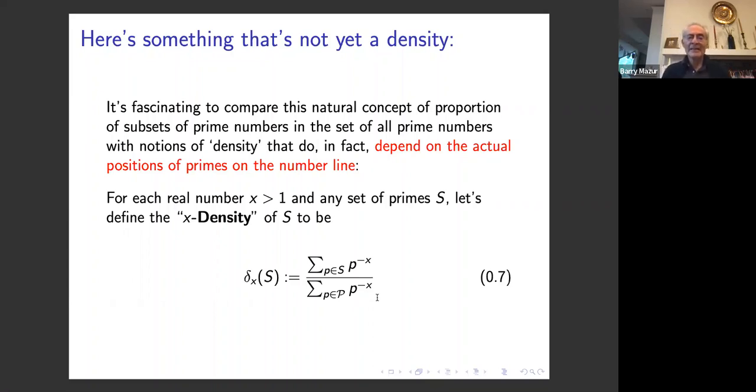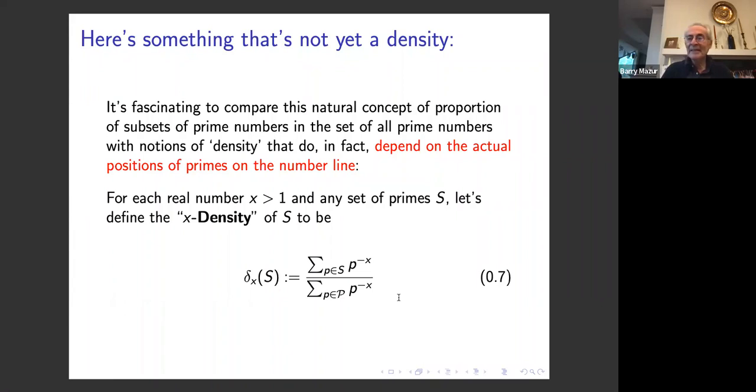Now, notice, in order to make sense of this, you have to know that both the numerator and the denominator do converge, whether or not there are infinitely many or finitely many primes. And we know there are infinitely many. And that they converge, I leave that to you.